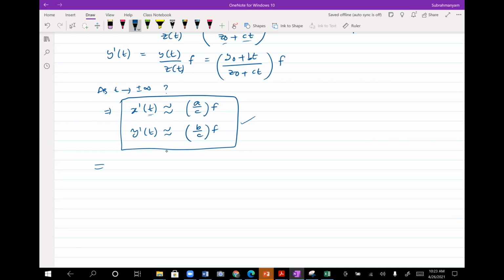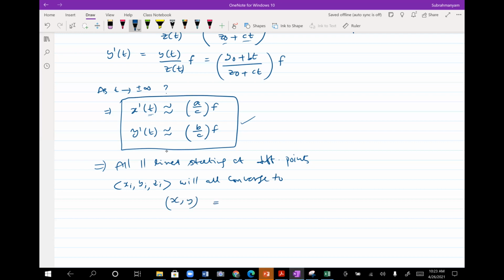So that is why you could say all parallel lines starting at different points, let me call them generically xi, yi, zi, each one giving you one parallel line, will converge to x comma y given by a by c times f and b by c times f.